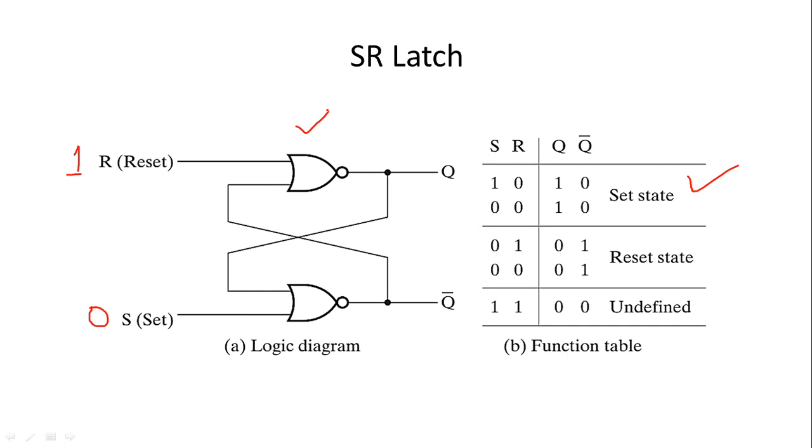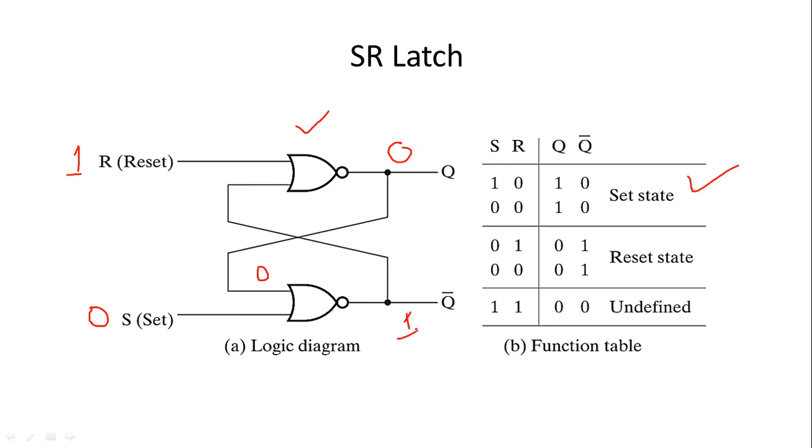So the input is 1 from R and it's a NOR gate. So 1 means 1 from R, and from NOR, 1 means 0. So Q is 0, which is fed to the second NOR gate. So here S is 0, 0 NOR 0, which is 1.